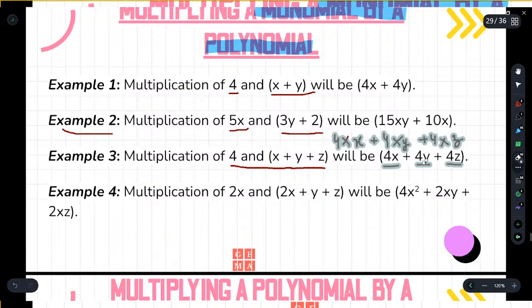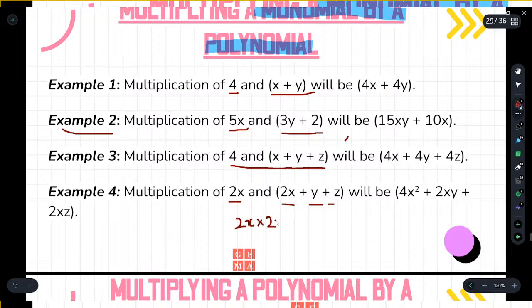Multiplication of 2x into 2x plus y plus z, which is nothing but 2x into 2x plus 2x into y plus 2x into z, which will be what? Let's first of all multiply these.